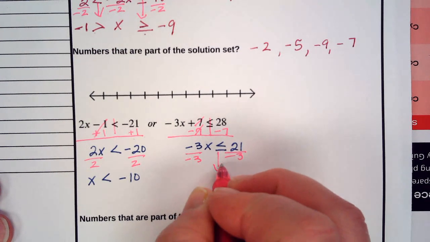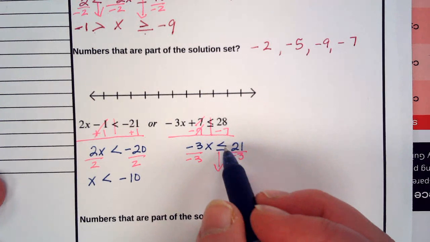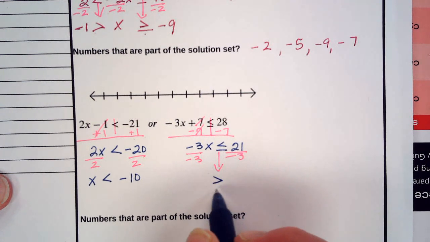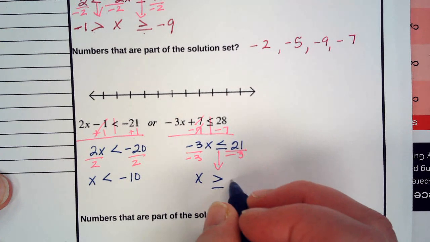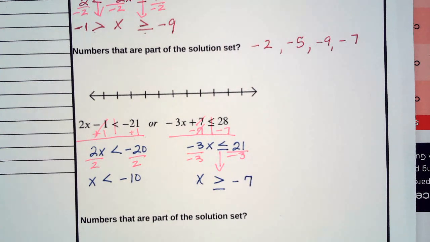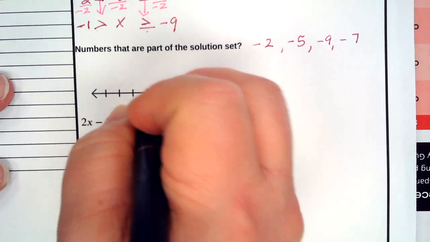What happens to this? It will switch around and become greater than or equal to. X is greater than or equal to -7. So my 2 points that I have are -10 and -7.